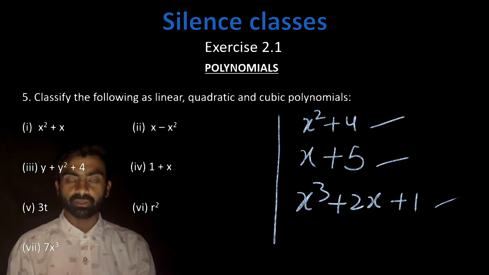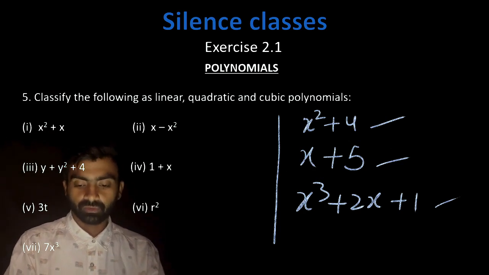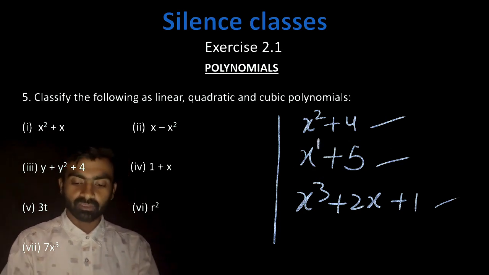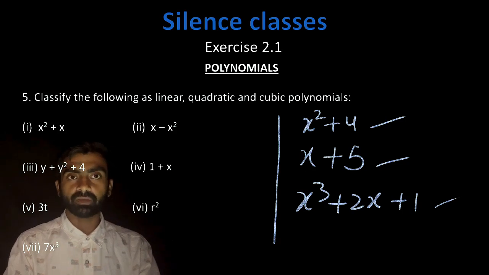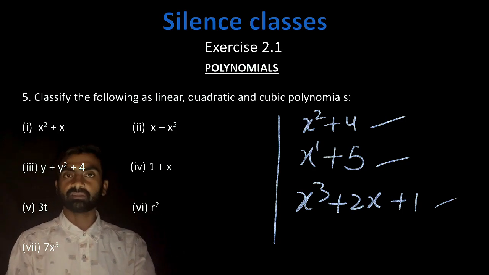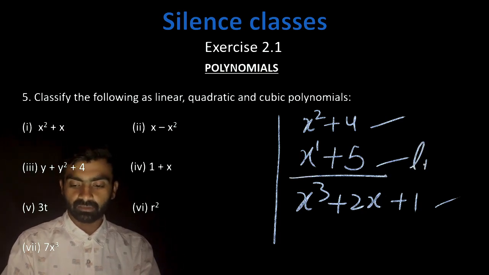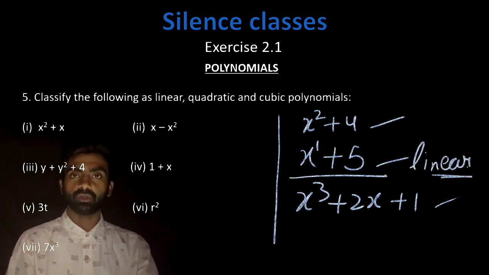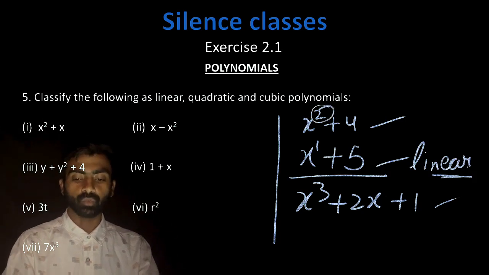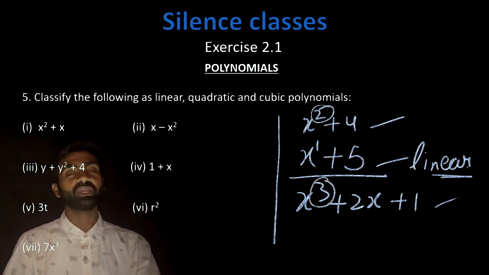Whenever there is only power 1, because there is x with no power written, we consider the variable x to have 1 as power. So whenever the power is 1, that expression is known as a linear polynomial. Whenever the power is 2, that is known as a quadratic polynomial, and whenever the power is 3, that is known as a cubic polynomial.